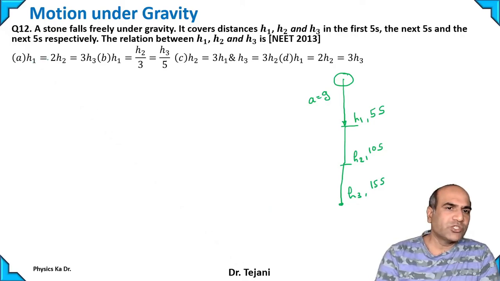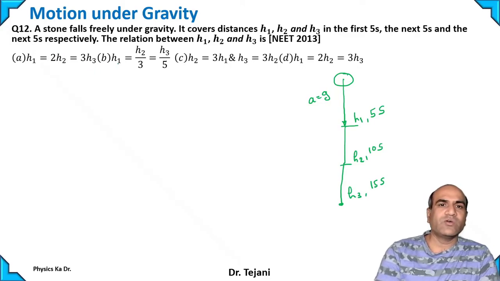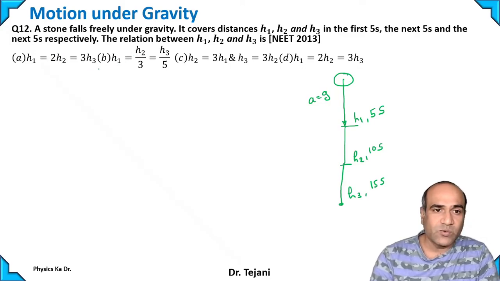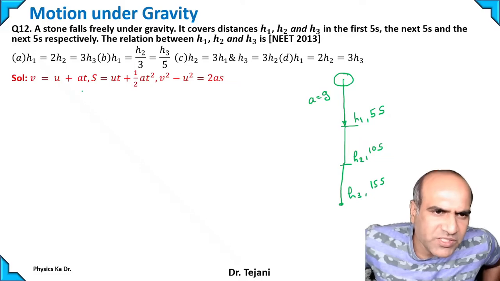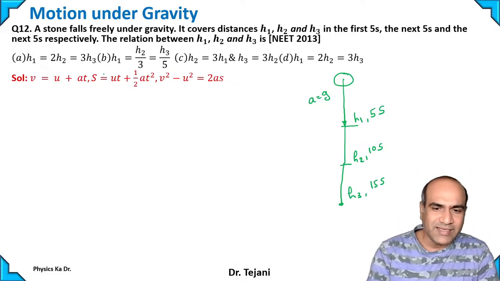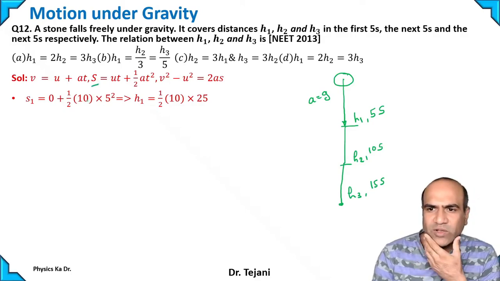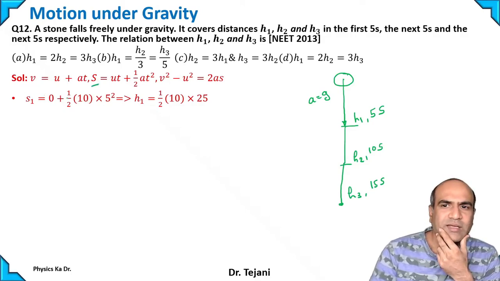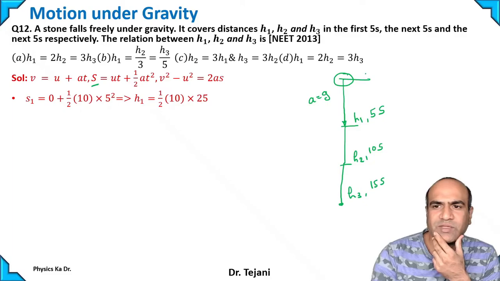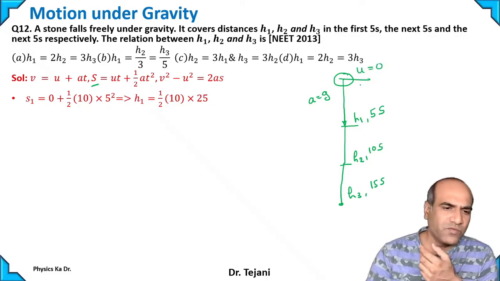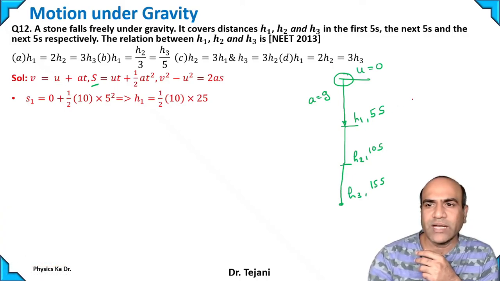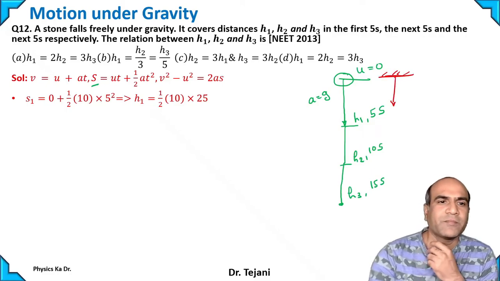We need to find the relation between h1, h2, h3. We don't know, some relations are given. Let's prove it. We need this equation because we are talking about distance. Initial velocity is equal to 0, so we calculate with respect to the initial position.